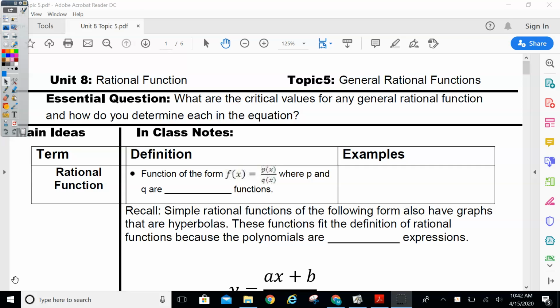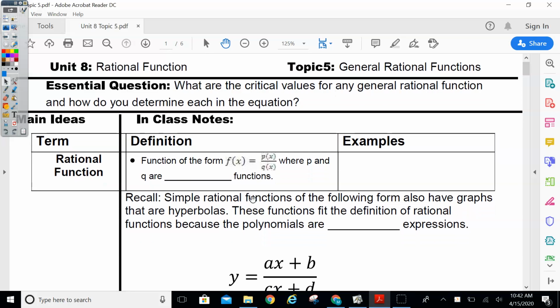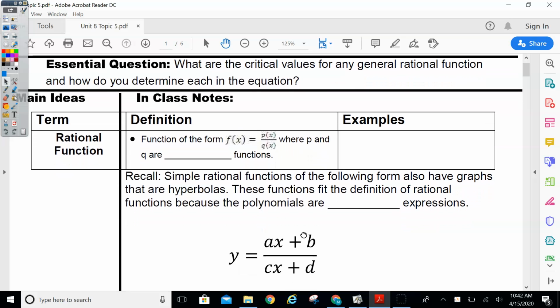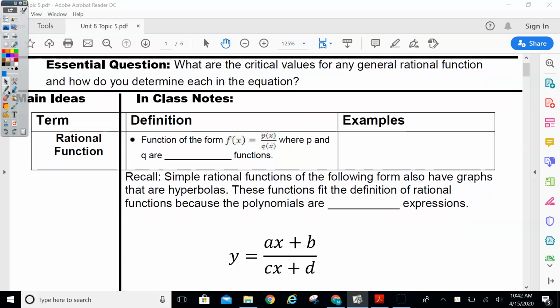Okay, so the last topic in this unit is general rational functions. Now we kind of did this when we looked at the simple rationals in general form, this standard quotient form here. But now we're going to generalize that so that it's not just a linear equation over a linear equation. So now we're dividing actual polynomials.